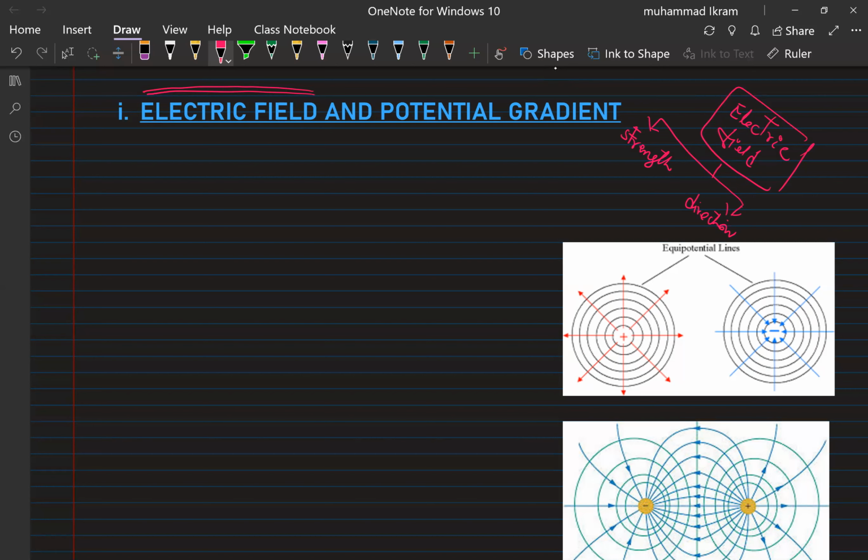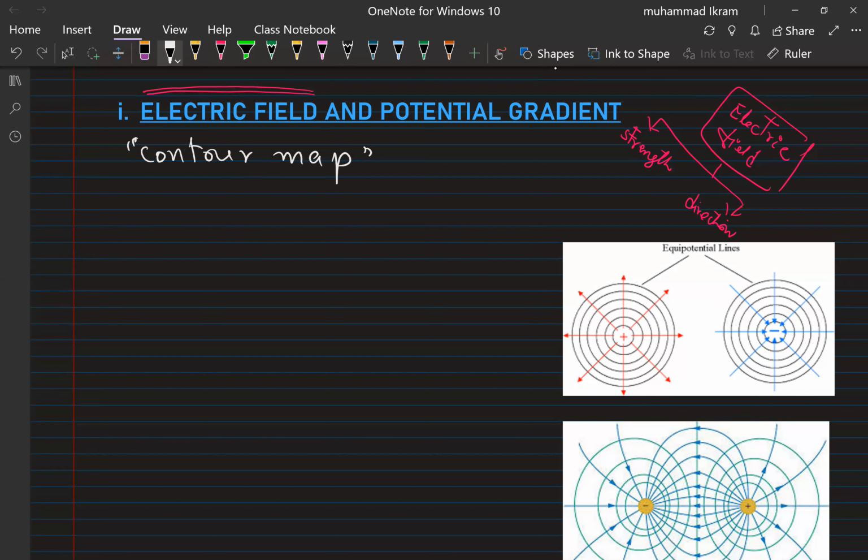So as an alternative to the field lines, we just draw a kind of contour map of the electric field.